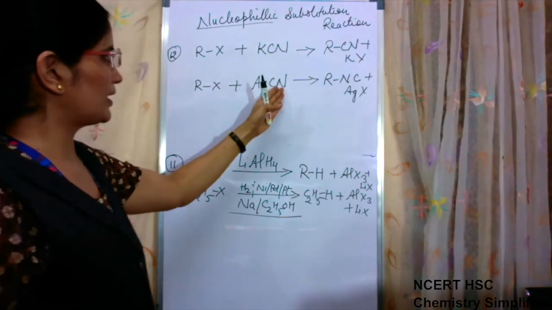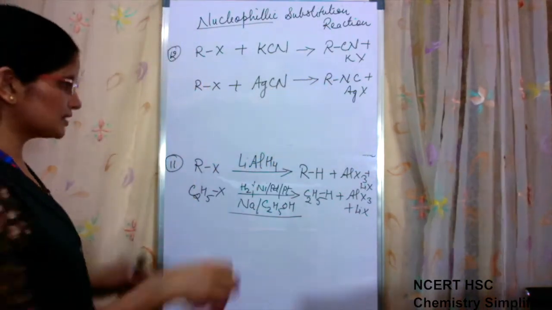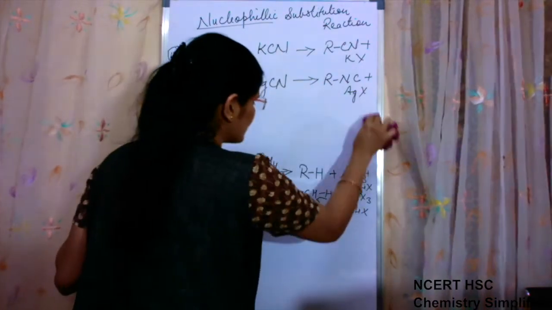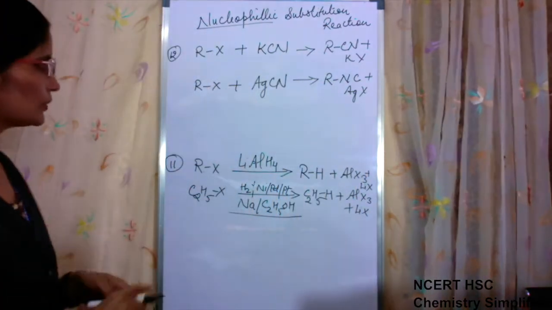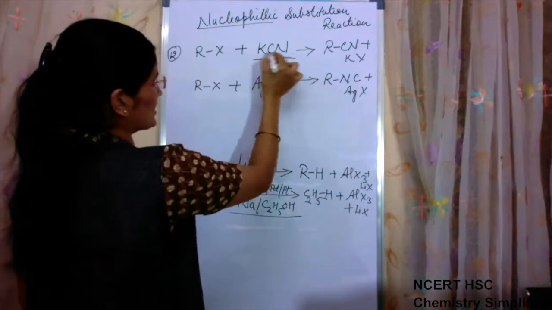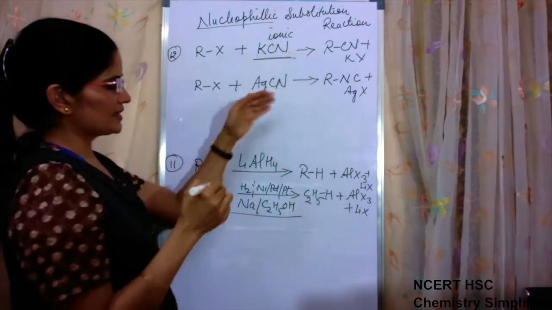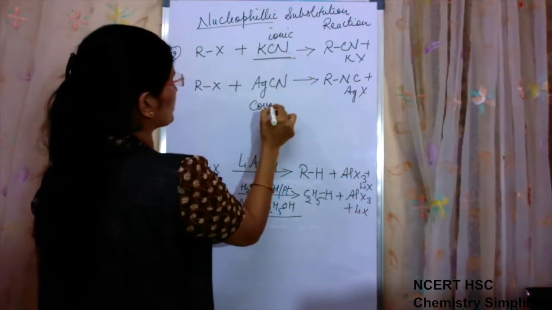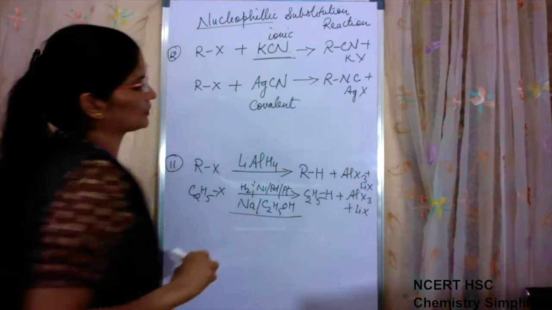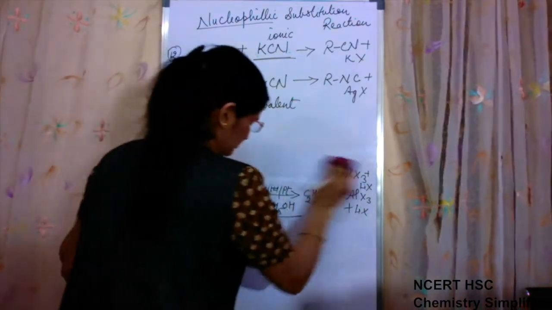With silver cyanide, alkyl isocyanides are obtained. This is the difference. Now why this difference arises? Okay, in this case the compound which is reacting KCN is an ionic compound, and in this case AgCN is a covalent compound. So what happens by this?